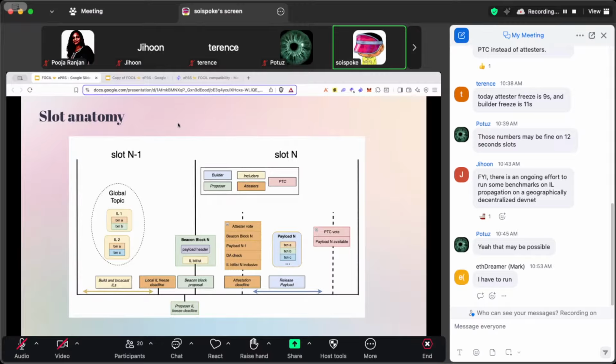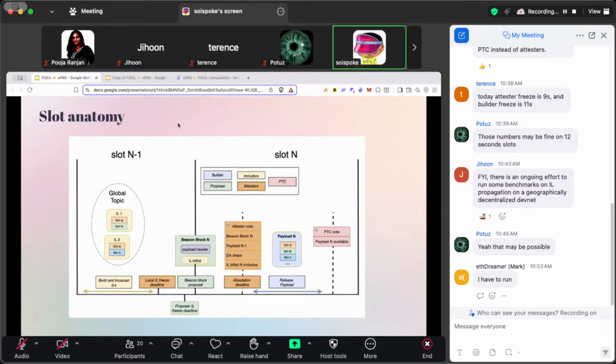Maybe what I wanted to say is that the scope and feasibility aspect comes up a lot, for example, about doing EPBS and FOCIL together. But it comes up a lot from people who are not CL devs, to be honest. So it would be nice if you've worked on either of them or both, and you have an opinion about whether it's possible or not, or how much of a delay it would be, to voice it.